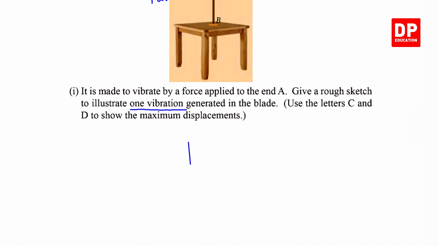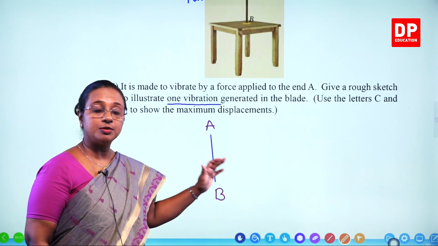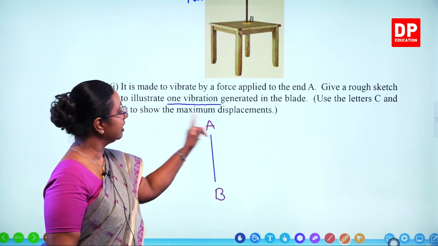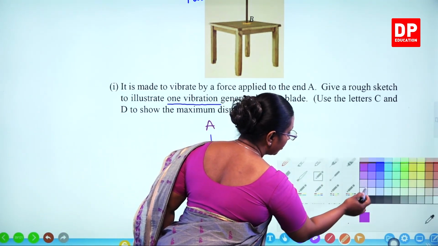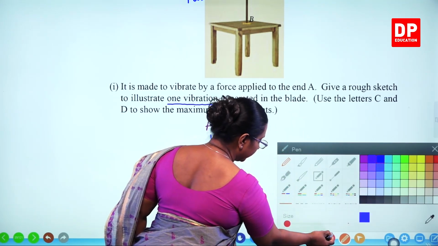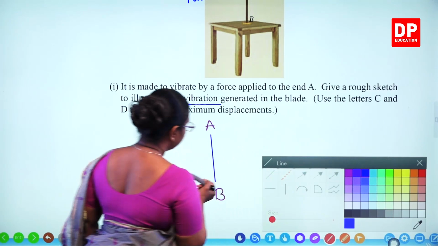Now here I will mark this as A and B. The end B, you all know, will not move, only end A will vibrate. So then, in order to show the movement, I will use broken lines.